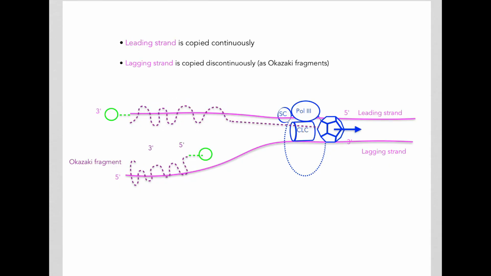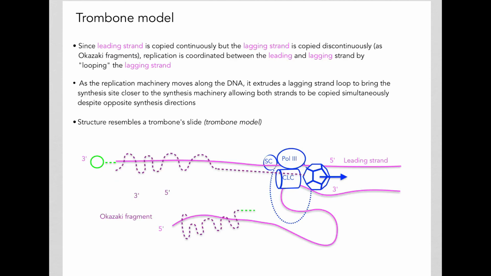As mentioned previously, the leading strand is copied continuously, while the lagging strand is copied as fragments called Okazaki fragments. Since the leading strand is copied continuously but the lagging strand is copied discontinuously, all of this has to be coordinated.